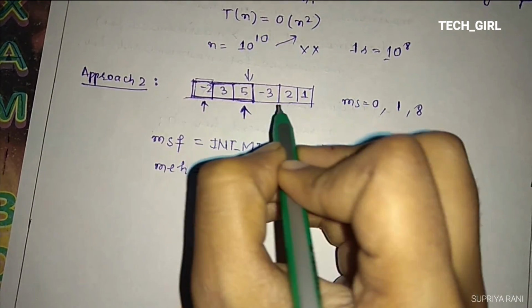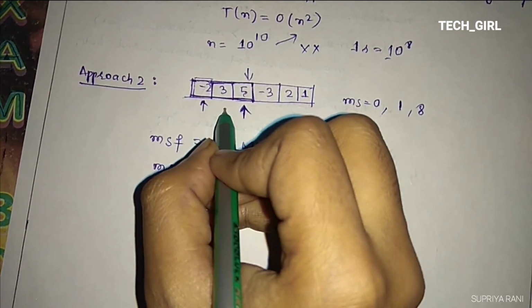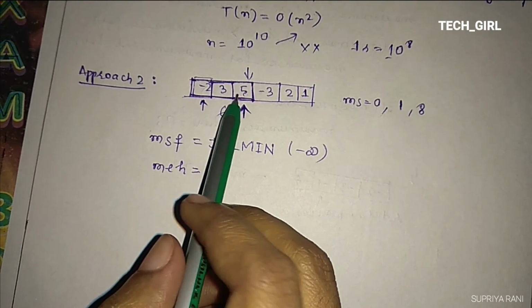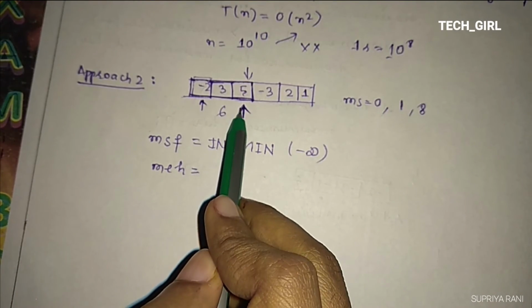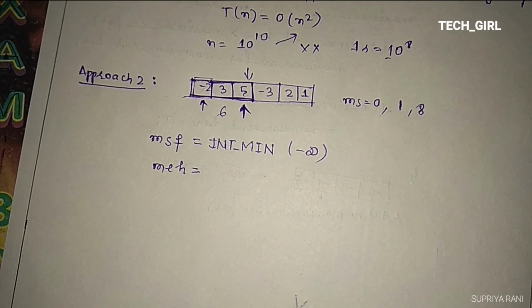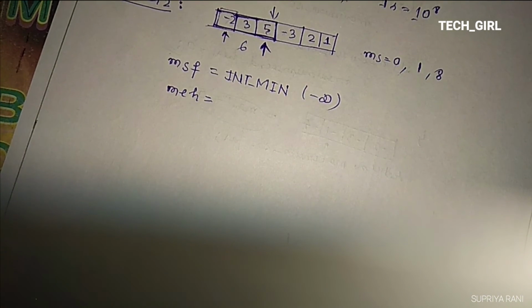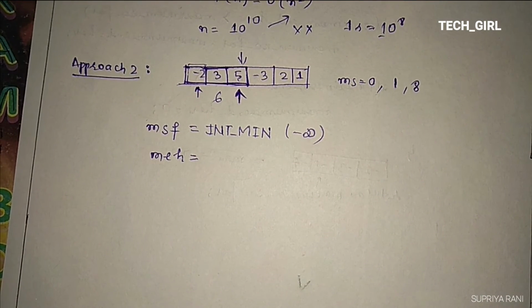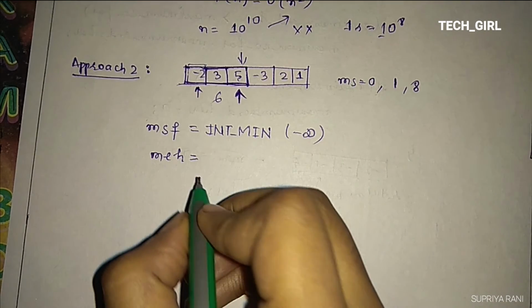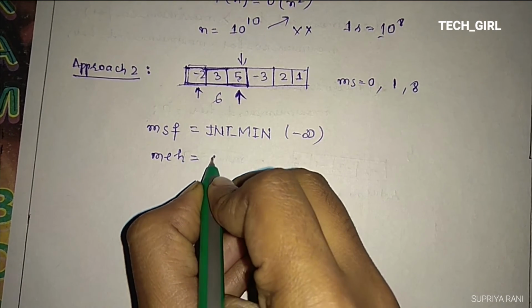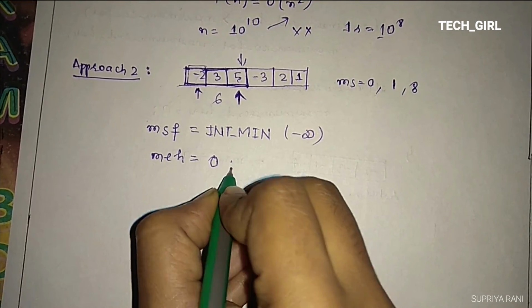Like in this case, maximum ending here will be 6. Right? Maximum ending here means till this point, what is the sum possible, which should not be less than 0. So, maximum ending here will be initialized with 0 initially.